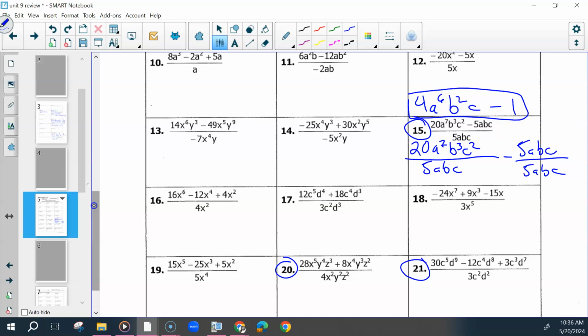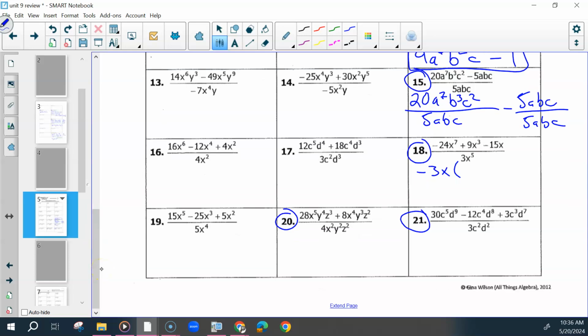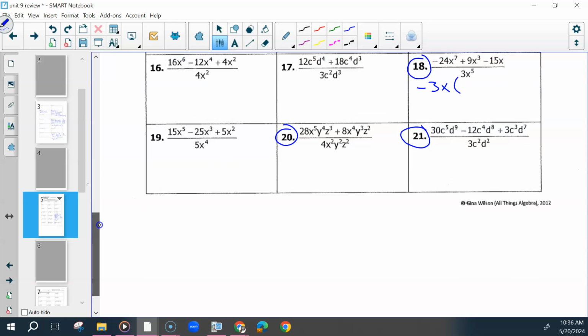Questions on that one before we do 20? Yes. Sure. So 18, we're going to use the second method, factor out the GCF. Of the numerator, what would the GCF be? -3. And is that it? Nice. Divide that out of each one, what's left? -8x.